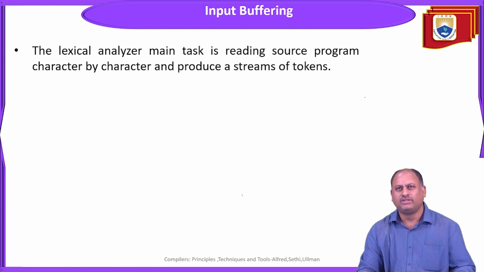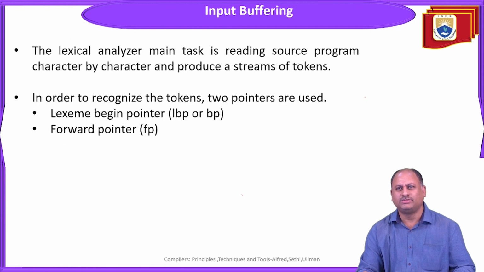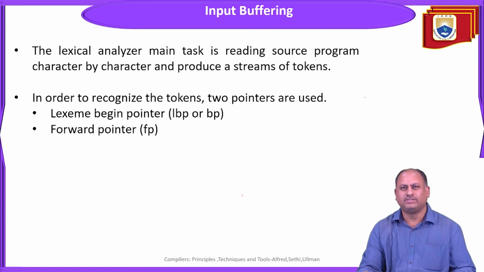This buffering mechanism is implemented with two pointers. The first one is the beginning pointer and the second one is the forward pointer. The begin pointer is placed at the first character, and the forward pointer moves one position ahead after reading each character.